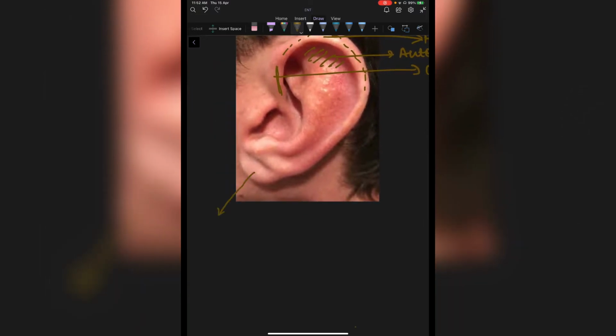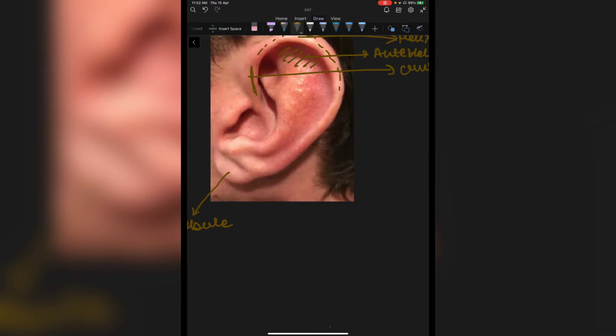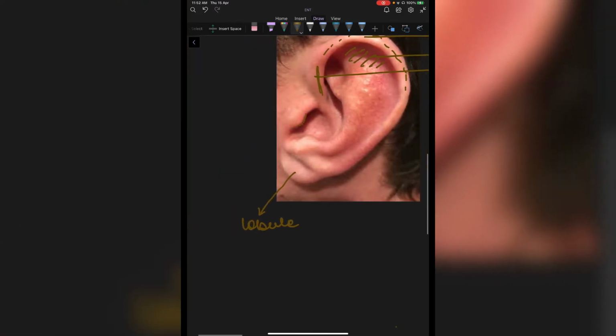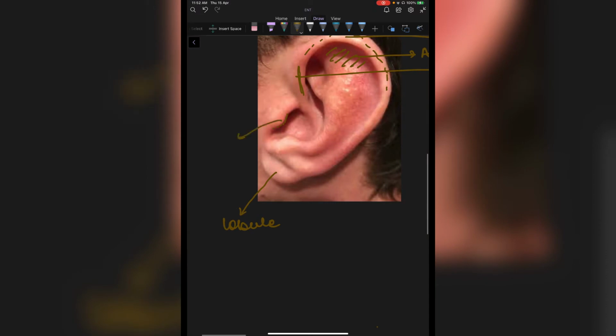Now let us come down here. This lower dangling soft part is your lobule. Then this triangular thing over here is your tragus.